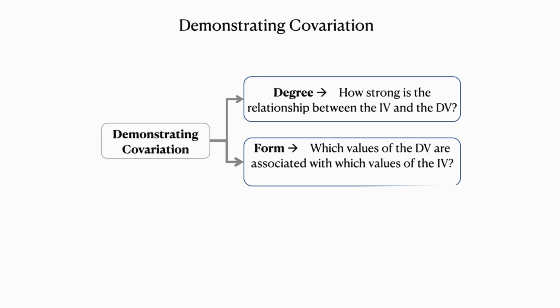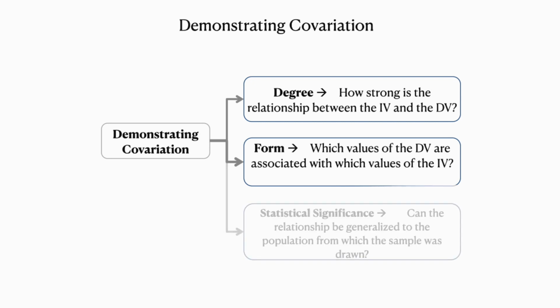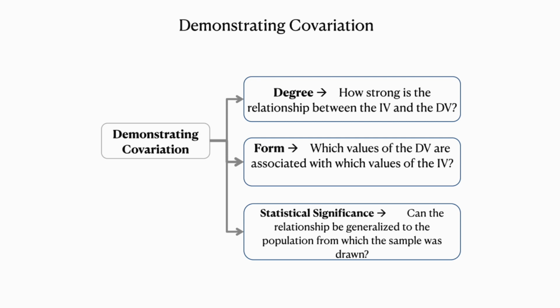And then the last thing that we ask in terms of demonstrating covariation is statistical significance. This becomes important when we're dealing with sample data, like we would be with the Canadian election study or the American national election study. When we have a sample, we have to ask ourselves, can the relationship that we see in our data, can we generalize that to the population from which the sample was drawn?